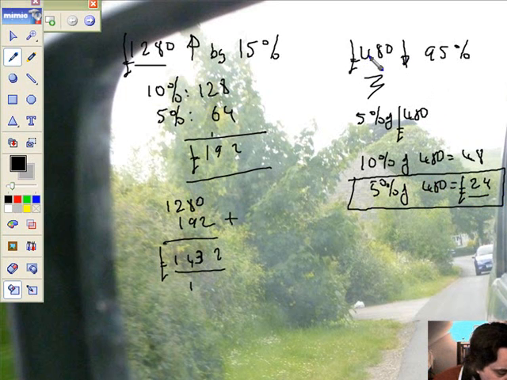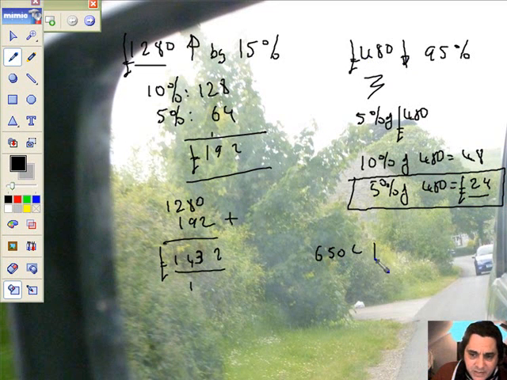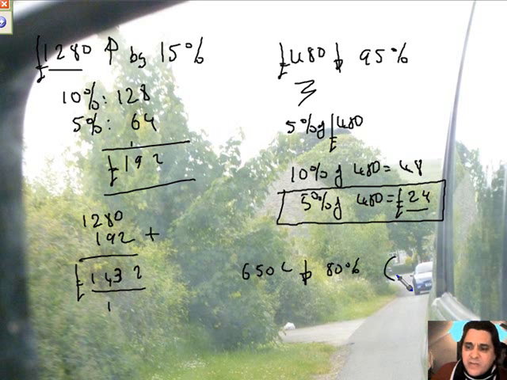Question 3, decrease 650 litres by 80%. Okay, so 650 litres, decrease 80%. If I decrease by 80%, I've got 20% still sitting there, so therefore work out 20% of 650.